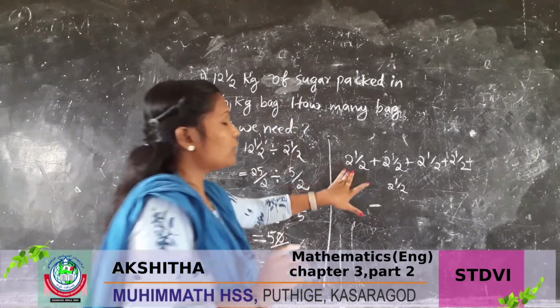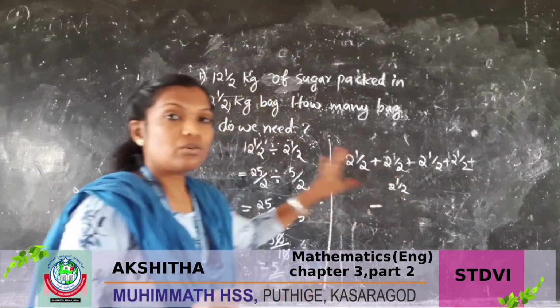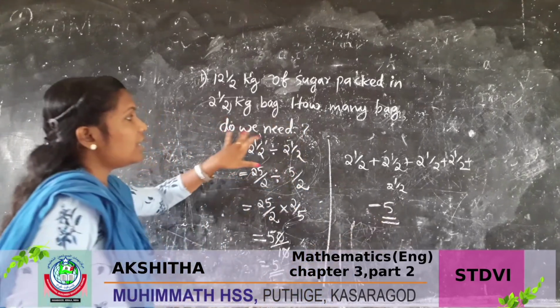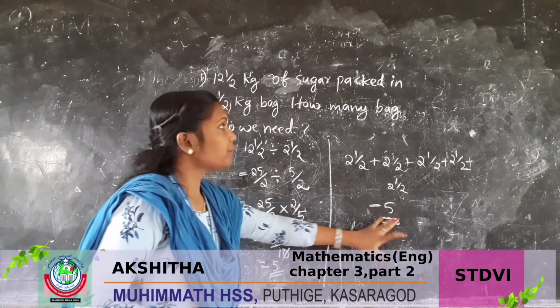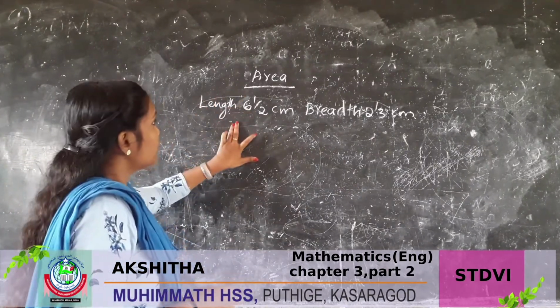So here how much times you can see, 1 2 3 4 5 times. So what is the answer? 5. We need 5 bags. Is it clear?